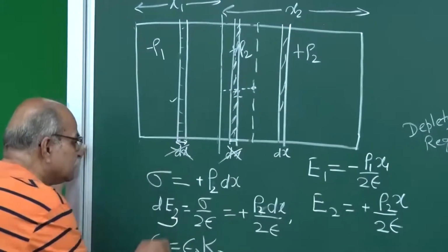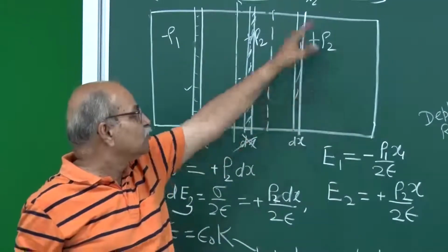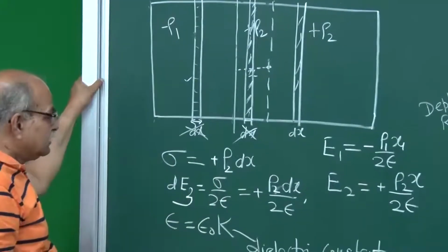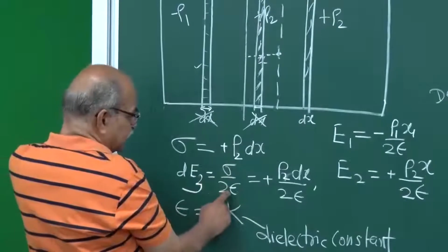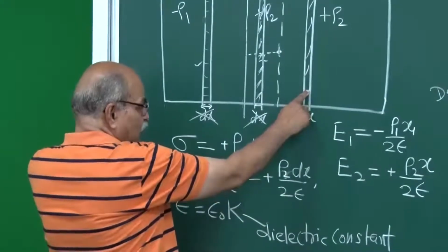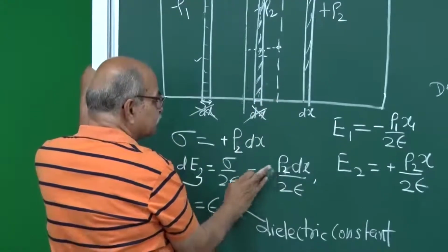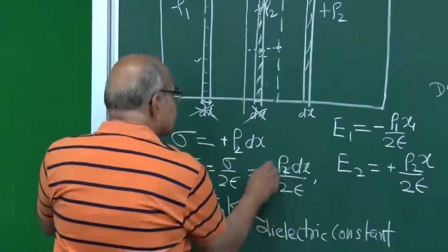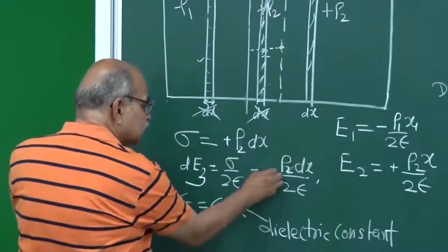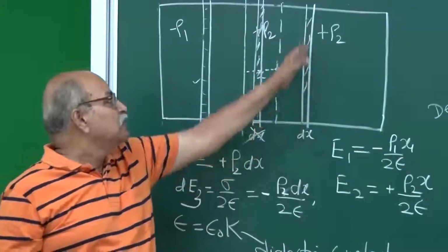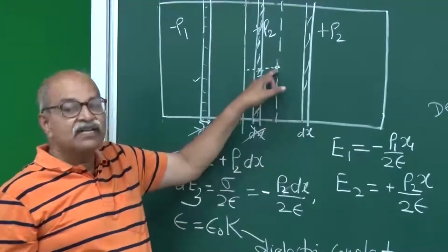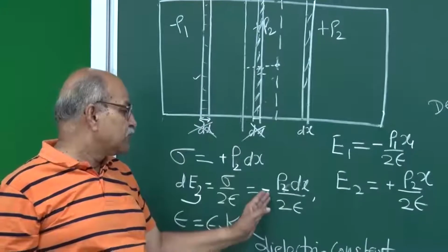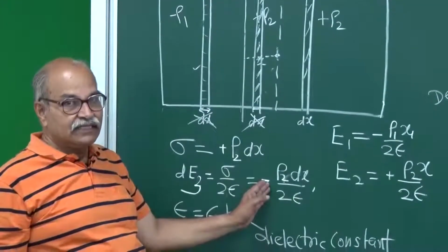The sigma remains the same because this is plus rho 2, so rho 2 times dx. dE3 is sigma over 2 epsilon, which is rho 2 dx over 2 epsilon, but now it will be in the negative direction, because you have positive charges here and you want the electric field here. Because of the positive charges, the electric field will be towards the left, so we put a minus sign here. That will be dE3.